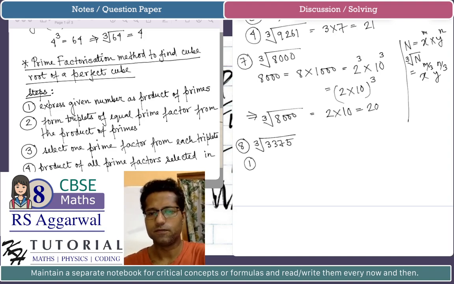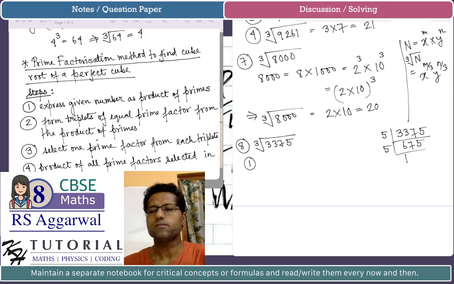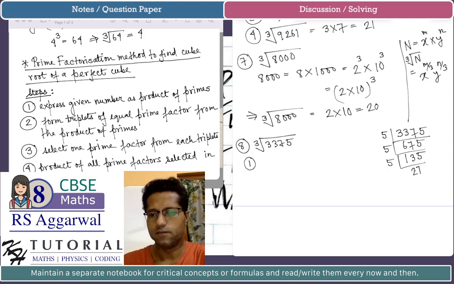For the number 3375, it is not obvious what the factors and the powers will be, so I have to use the prime factorization method. If I divide by 5, I get 675, and again divide by 5, I get 135, and then again divide by 5, I get 27, and this is 3, 9, 3, 3.